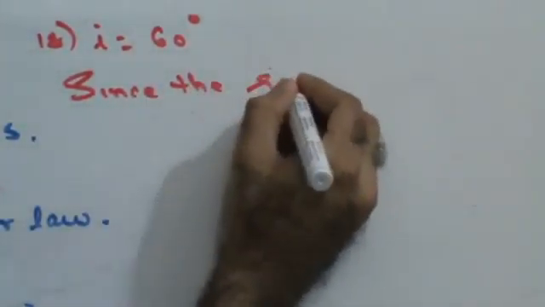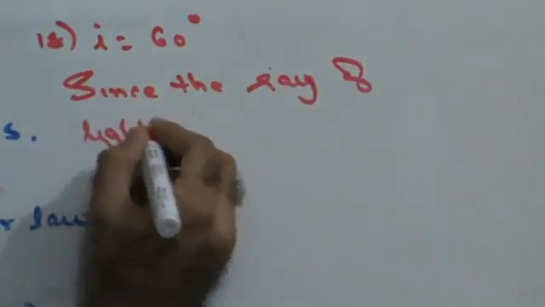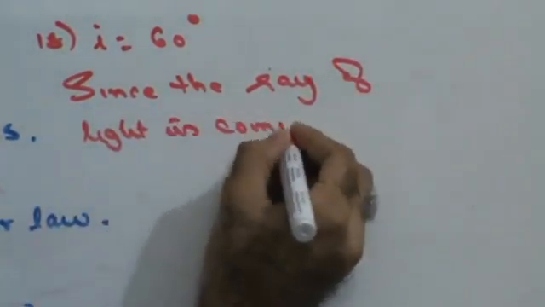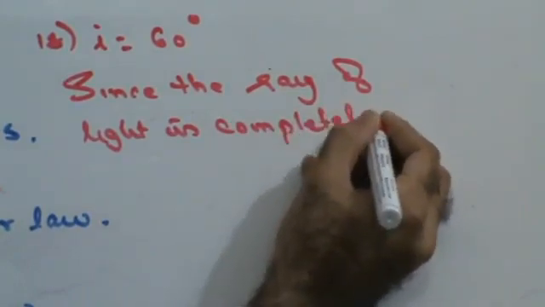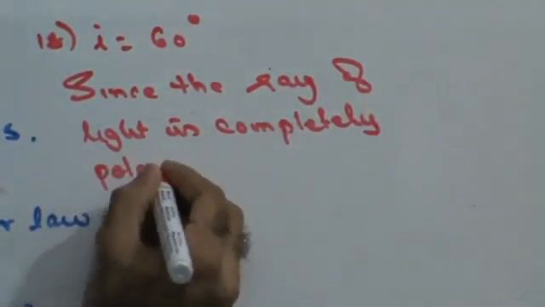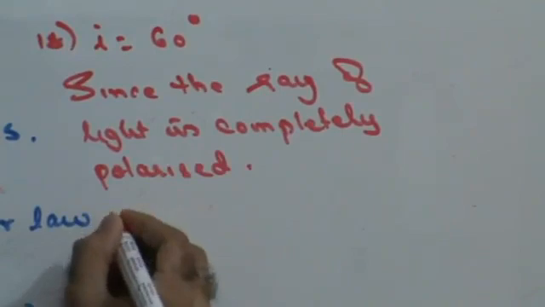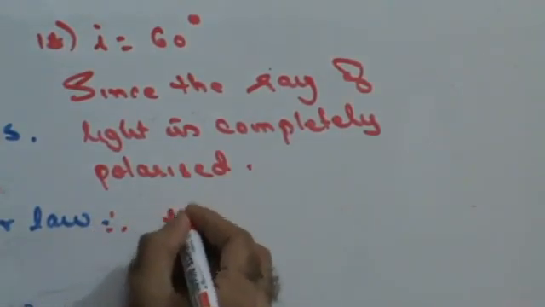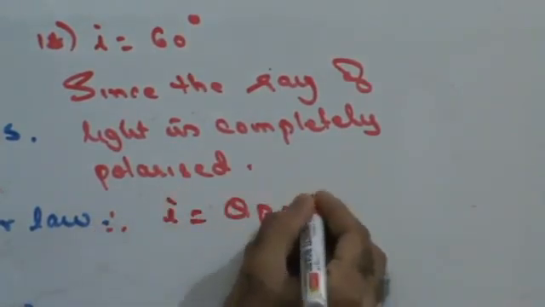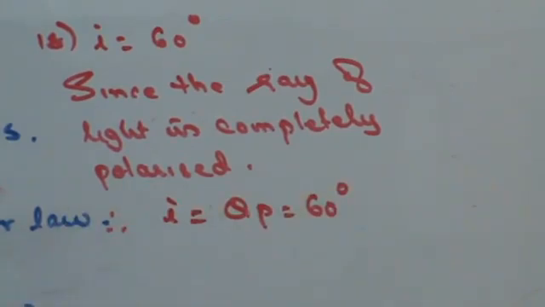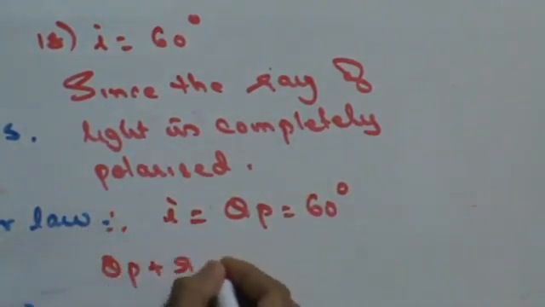Since the ray of light is completely polarized, therefore I can say that angle of incidence is equal to the polarizing angle. Once I know polarizing angle, I can find out the angle of refraction.